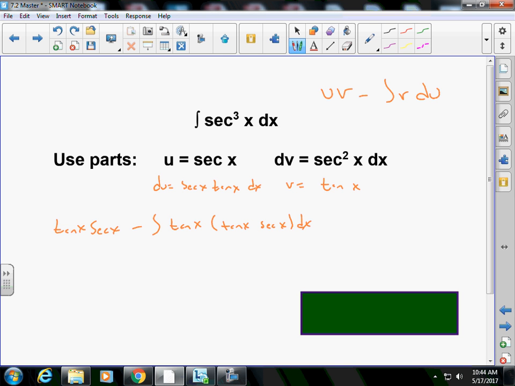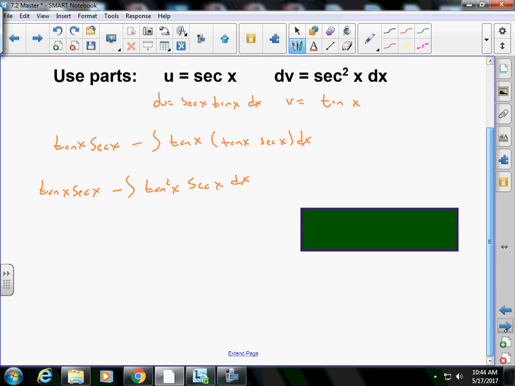All right, that's what we're doing. So now I have tan x secant x minus the integration of tangent squared x secant x dx. Well, I don't know how to handle that tangent squared x. I can't just siphon off a tangent, right?